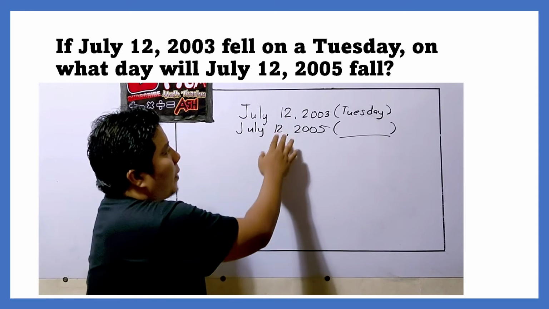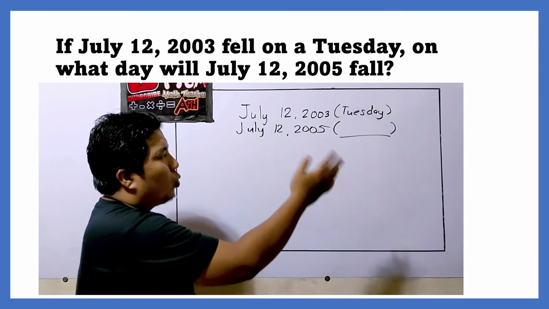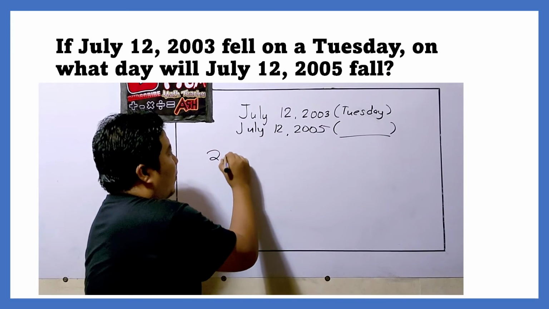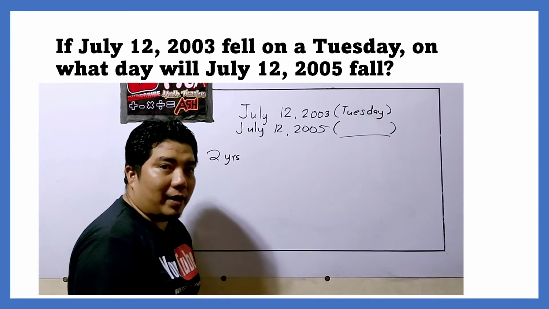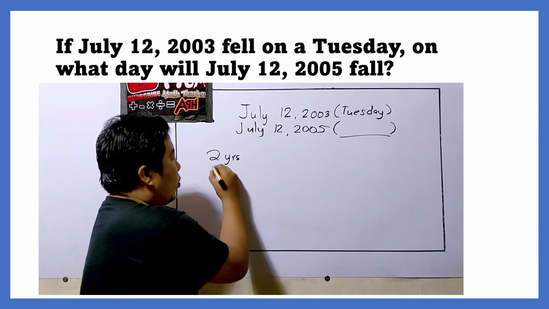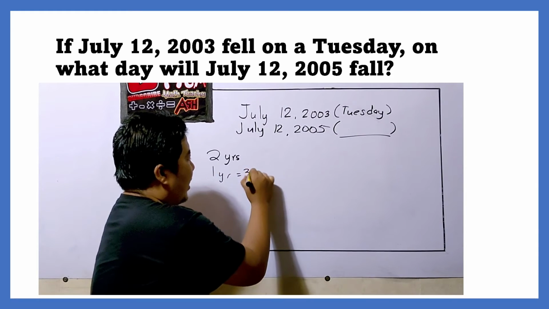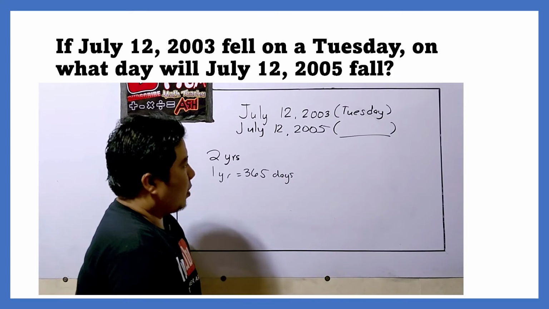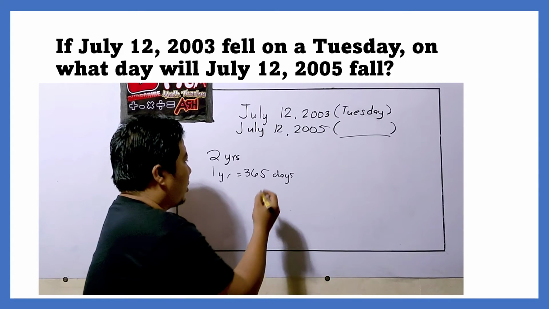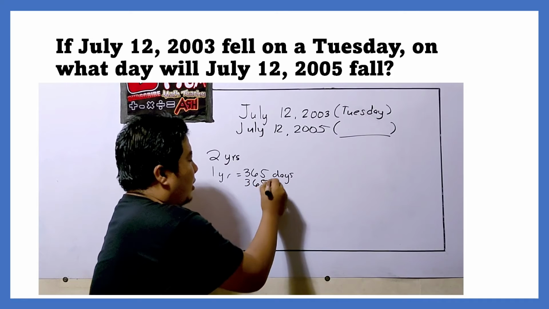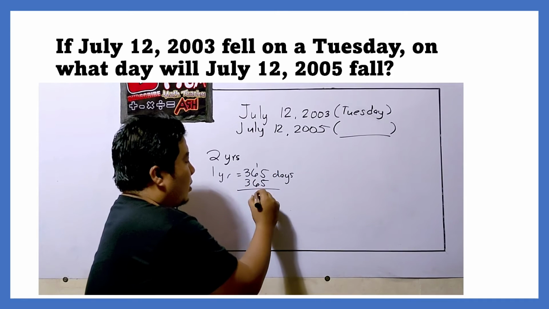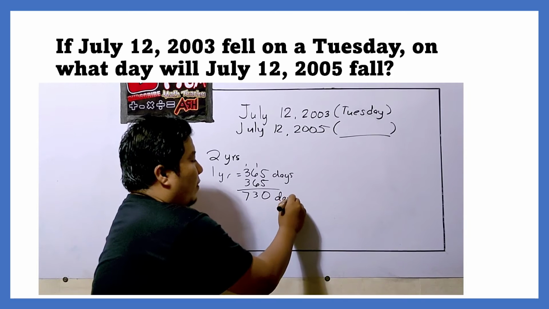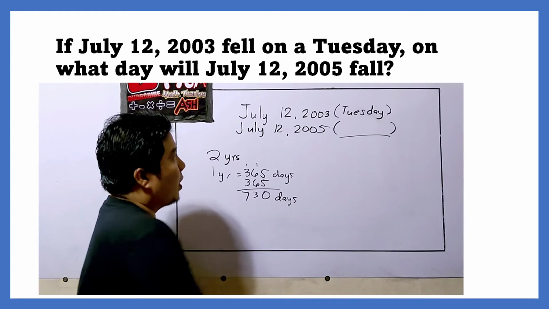Okay. Now, if you compare July 12, 2003 to July 12, 2005, that is a difference of 2 years, right? Now, remember that in 1 year, there are 365 days. Of course, if there are 2 years, we will just add another 365 days, giving us 730 days. However, there is a catch here.